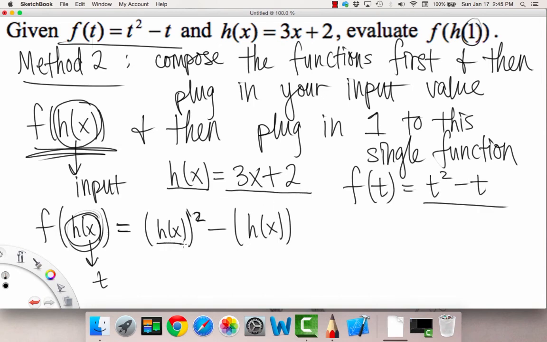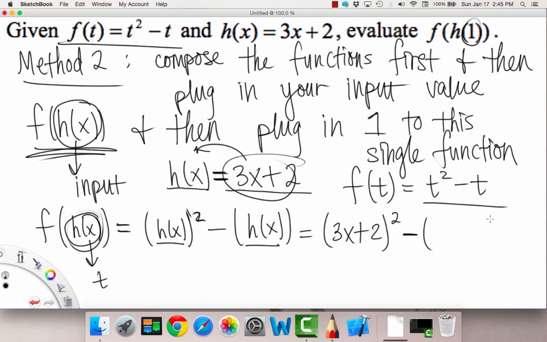So for each of these spots, I'm going to plug in 3x plus 2, okay? Just because we're already given this equality here, that the formula for h of x is this. All right, so let's plug it in. I'm going to keep those parentheses, so we have 3x plus 2 in parentheses squared, right? And then minus parentheses 3x plus 2.